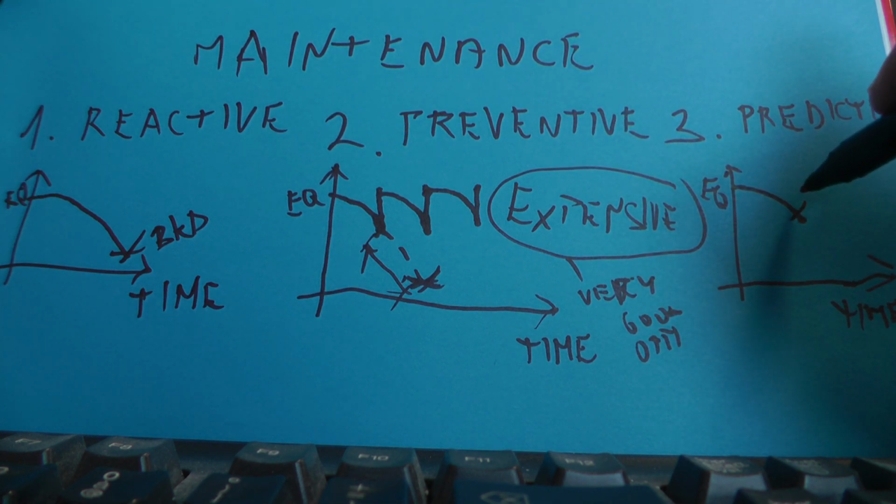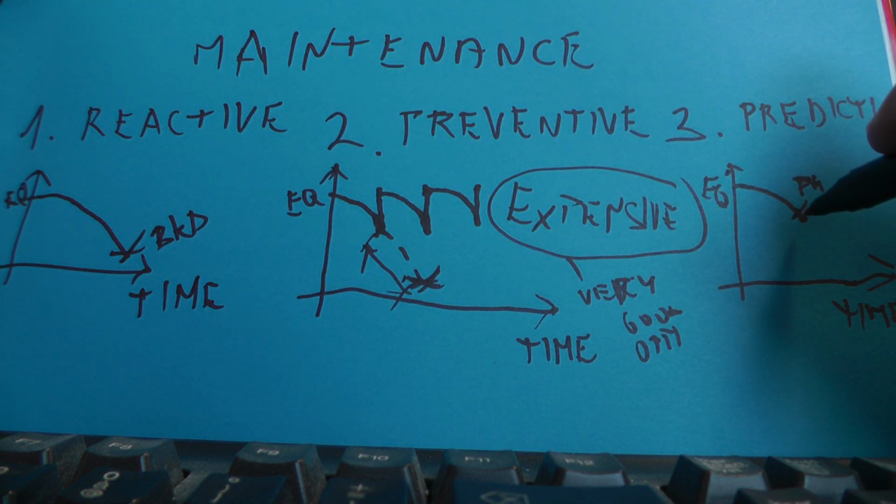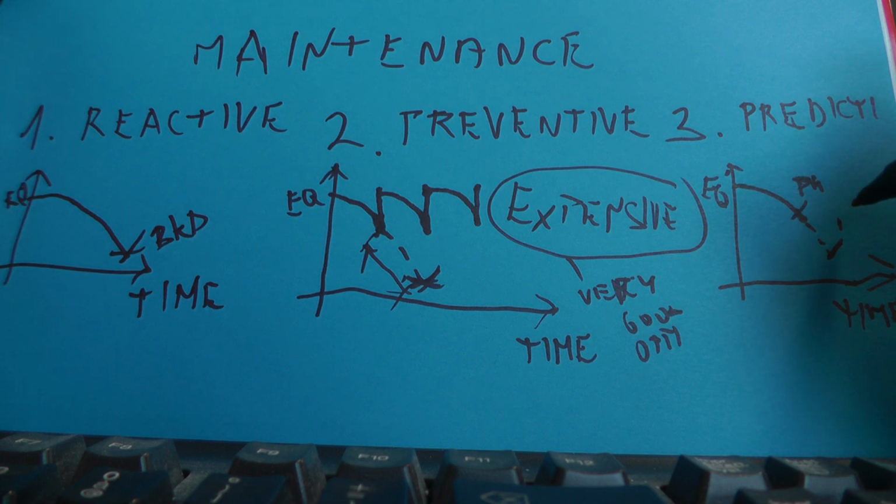Somewhere here we had preventive maintenance in step 2, but equipment working, still working, and we predict something here, so we have to provide some corrective and preventive actions, so preventive actions, and the breakdown is somewhere here.